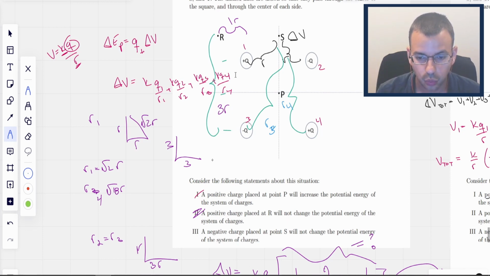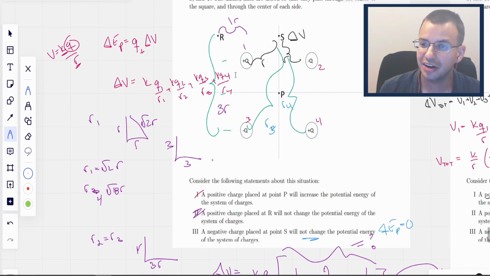Because the idea is that will not change means the change in potential energy equals 0. So it doesn't matter if it's a positive 0 or a negative 0. It's both considered 0. So a negative charge or a positive charge placed at point S will not change the potential energy of the system because the potential at point S is 0.